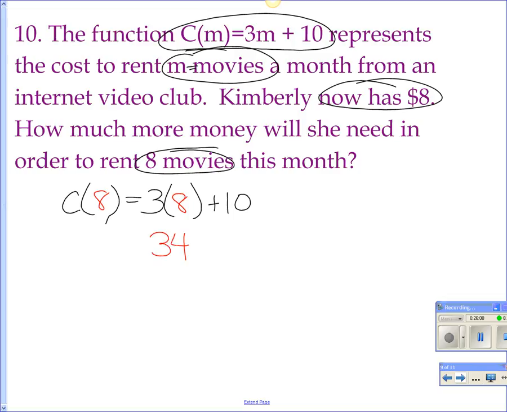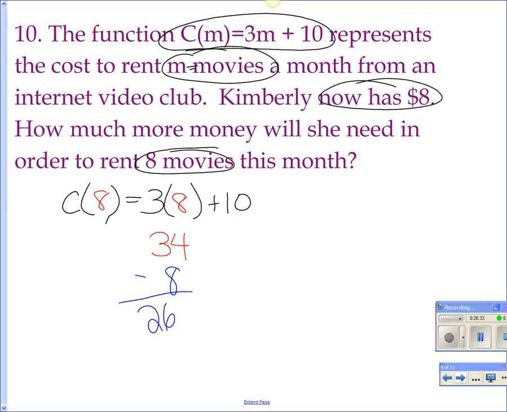All right, Joey, 34 is not the final answer. How did you get 26? Why do you have to take away 8? Because she has 8 movies.